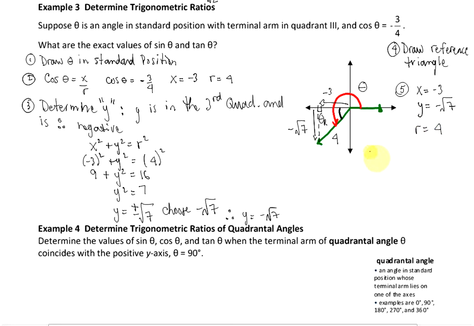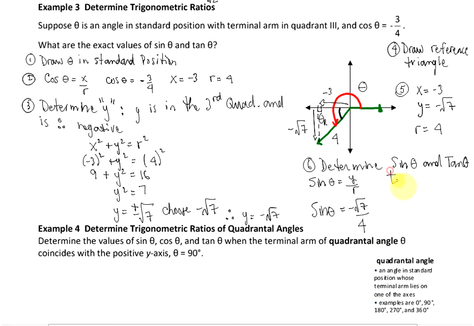Okay, and so the next thing that we can do then is to determine sine theta and tan theta. So we know that sine of theta is y over r. So sine of theta then becomes negative square root of 7 over 4.